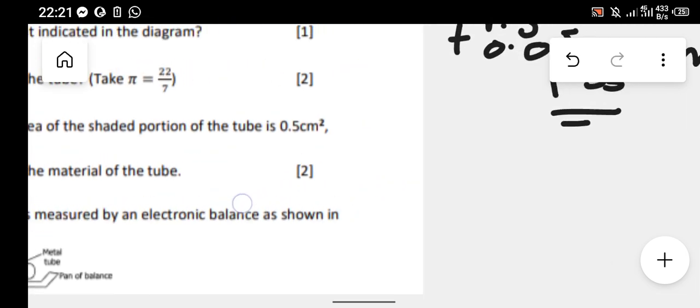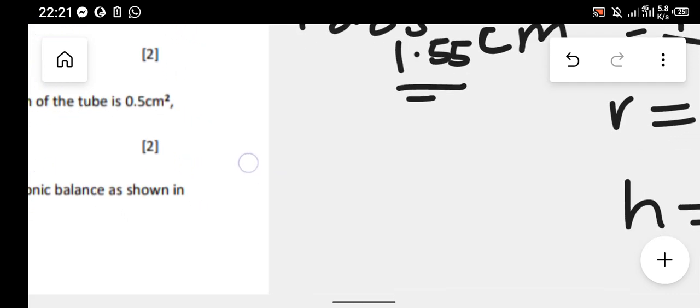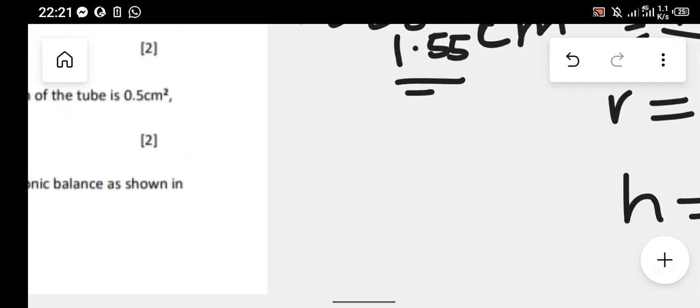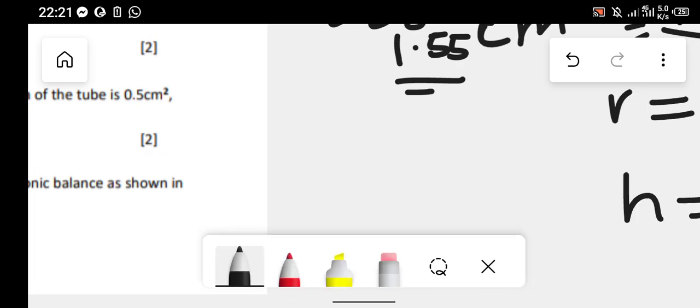This one I won't need much space. Calculate the volume of the material, given that the cross section area is 0.5 centimeters squared.